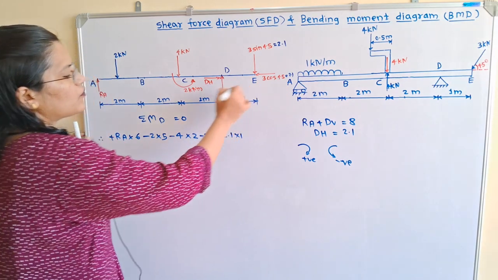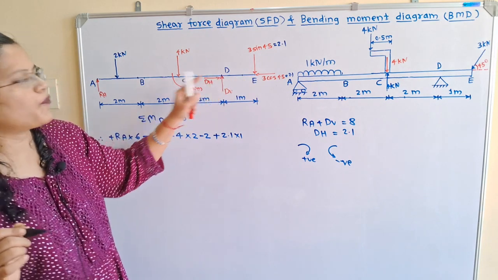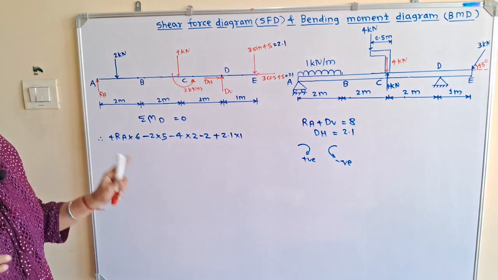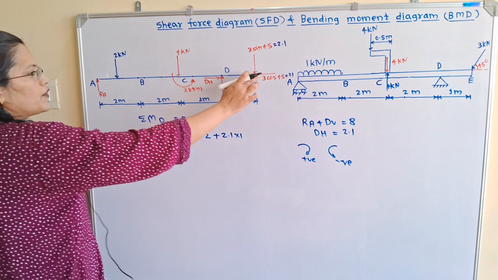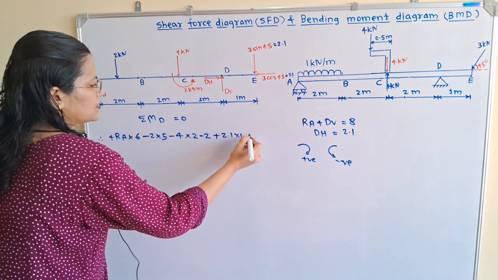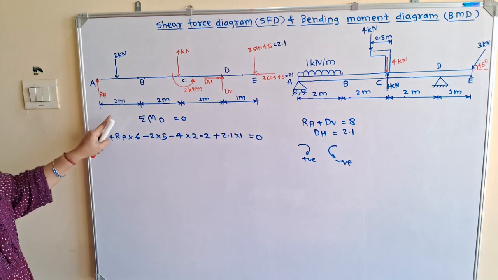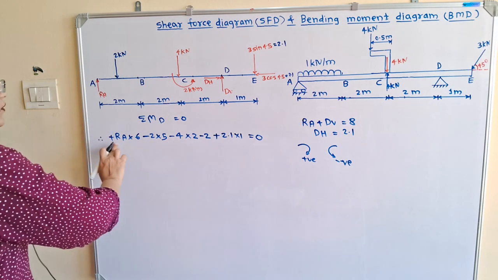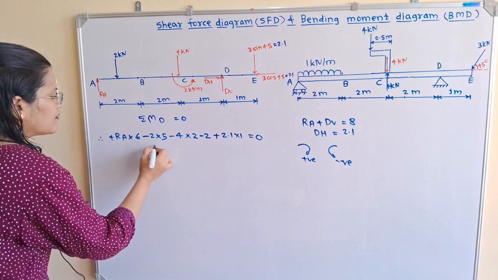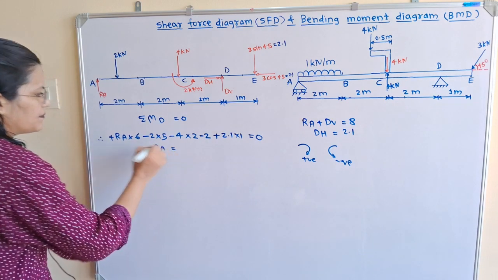And this 3 cos 45 is passing through the point D, so the perpendicular distance is equal to 0. So we are not going to consider this component, which is equal to 0. Now if we observe, there is only one unknown term, that is RA. So when we solve this, we will get the answer of RA.